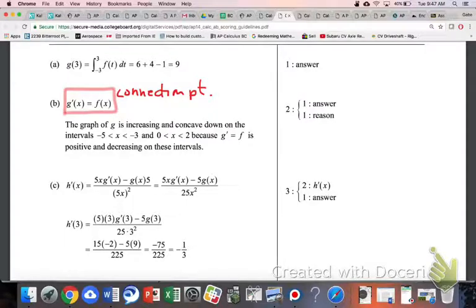Hey, you know, G is increasing and concave down because G prime is positive and decreasing on those intervals. The truth is, you have very little information about G, don't you? You just know that G equals the integral of F. And in order for you to make statements like that, you need to connect what you're talking about with the graph. And so you have to write this down somewhere on your page.